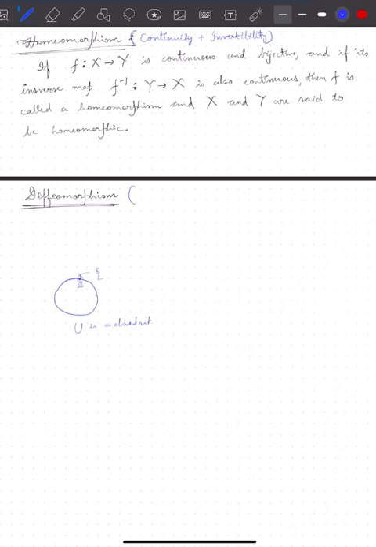Maybe I'll zoom in. Let's create it larger just for zooming in. It does not mean that epsilon is large; epsilon is still small, I'm just zooming in. Say the radius is epsilon by 2 of this circle. What happens is only this part lies in U, and this one does not lie in U.